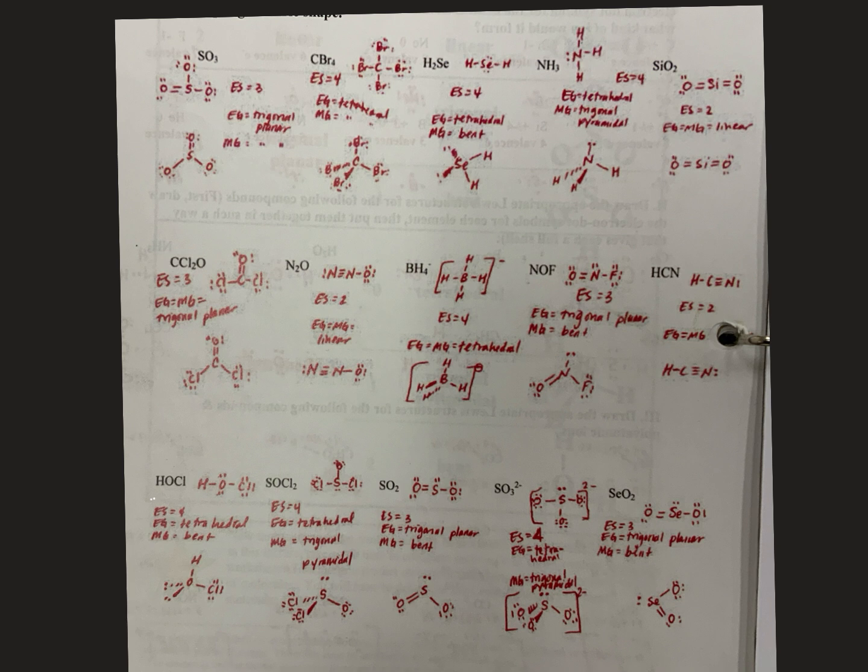If I draw it properly and connect everything, this one's a tetrahedron and this one's a bent, you know. If I do your formula right, the number of electrons, you know.